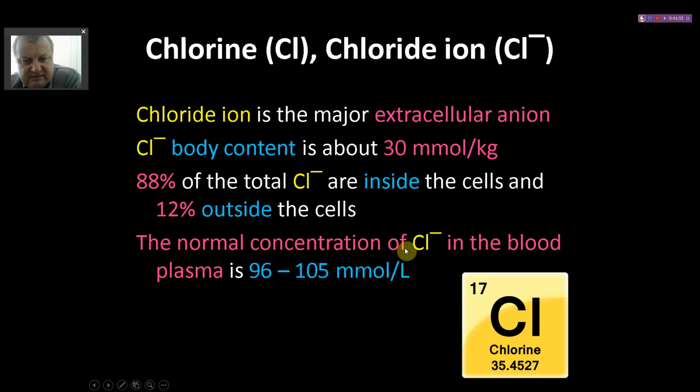The normal concentration of chloride in the blood plasma is approximately 100 millimoles per liter.